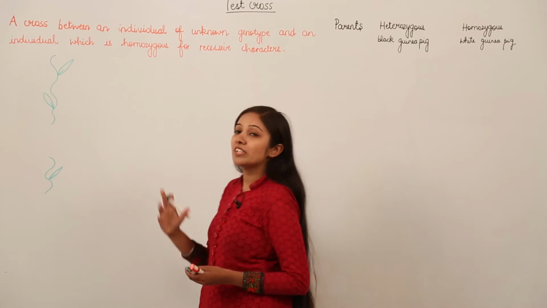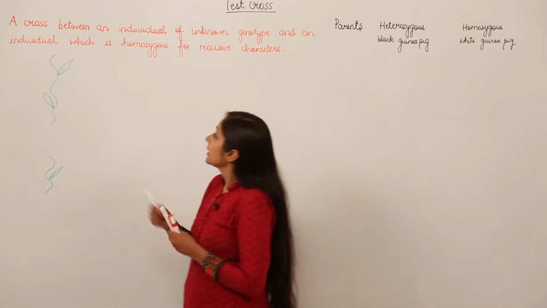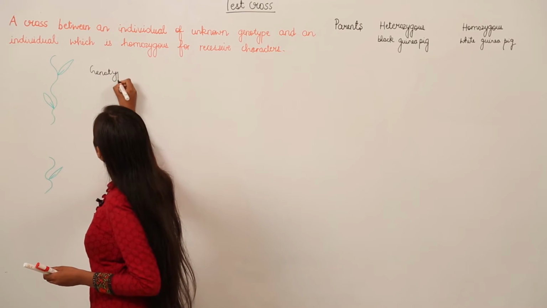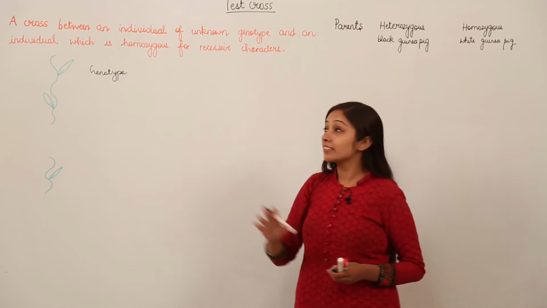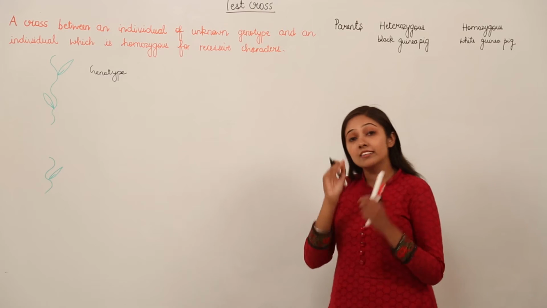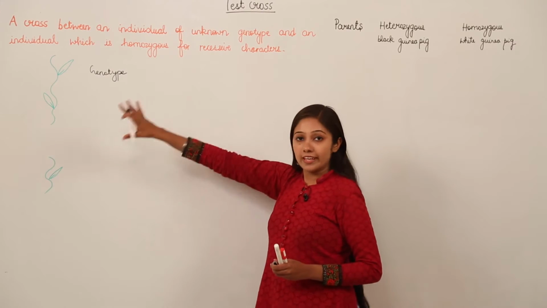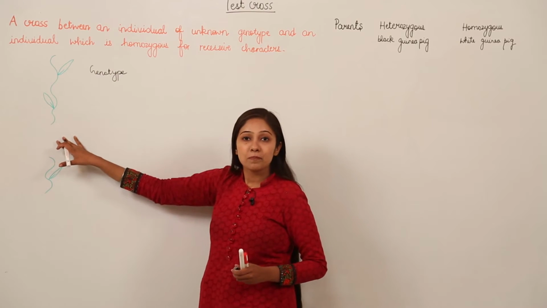When I talk about the genotype of this plant, what could it be? Whenever I perform such crosses, you should be performing it in your notebooks also, because this is going to help you analyze the results of the cross. What is going to be the genotype of this tall pea plant?